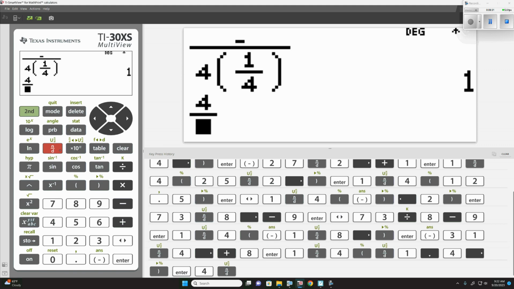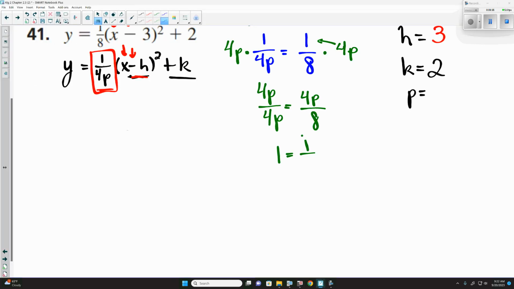We can say 4 over 8 is 1 over 2, or we can say p over 2. Now at this point, if p is by itself, we're finished, we have the value of p. Is the variable p by itself? Now we have p over 2. How can we reduce the 2 in the denominator?